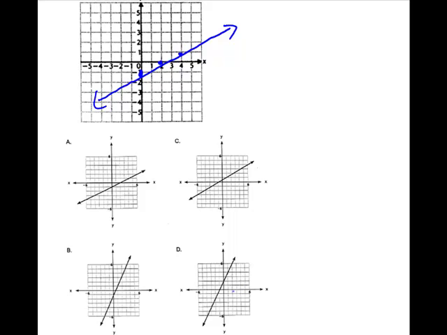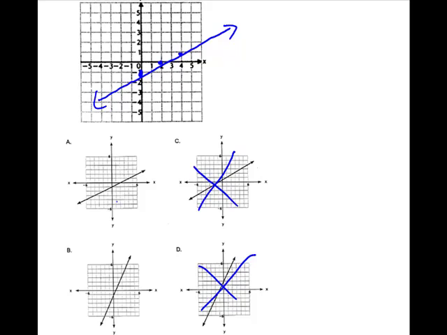The second thing I look for is where is my line in relationship to 0, 0. My line is below 0, 0. So A is below 0, 0, and B is below 0, 0. It rules out the other two. All right. Between those two, it looks a little bit more like A. Let's see if we can find something else.